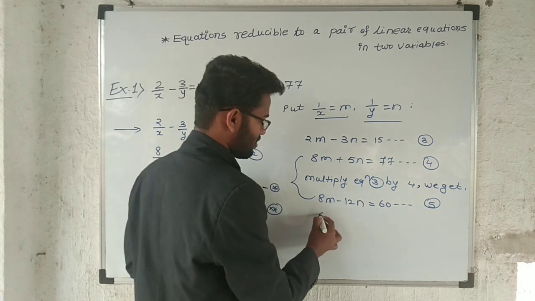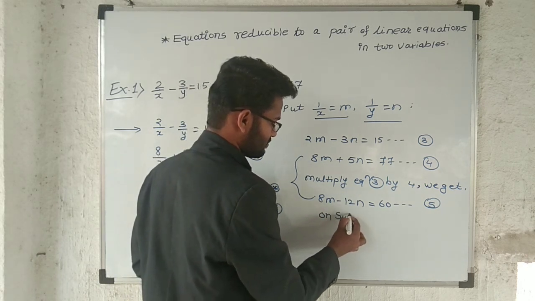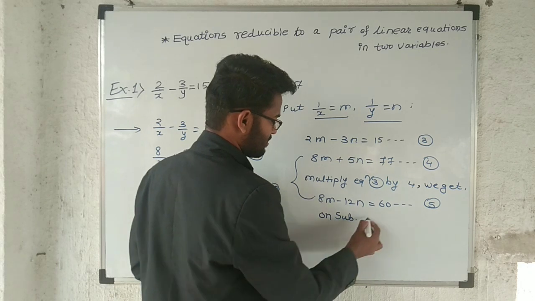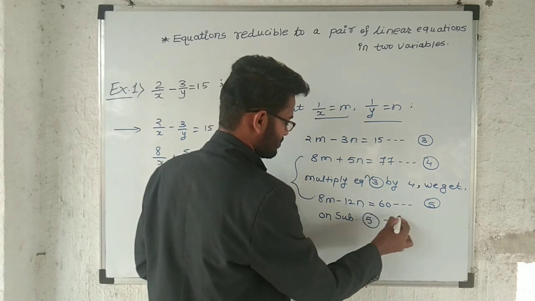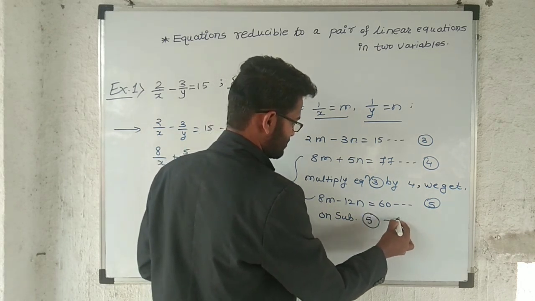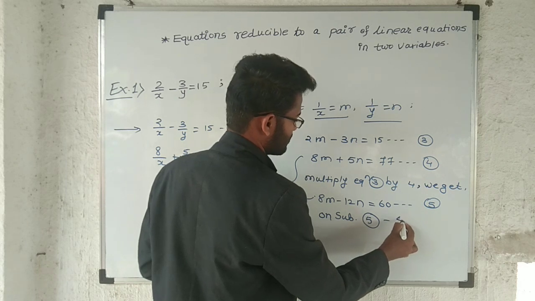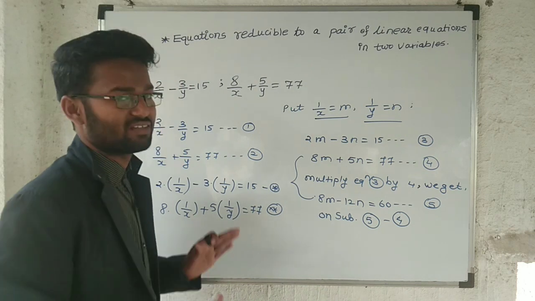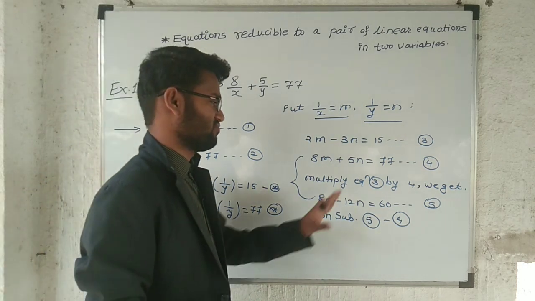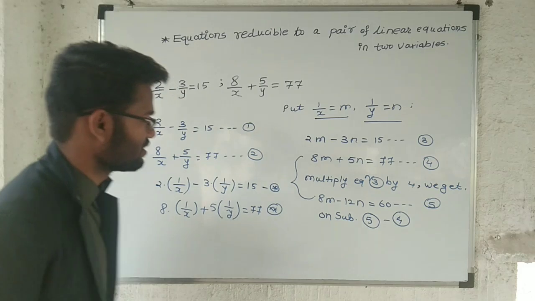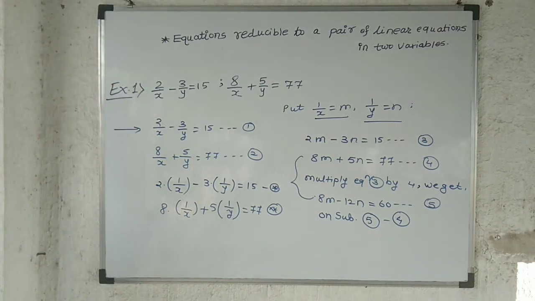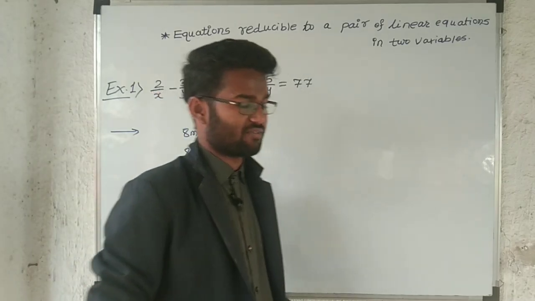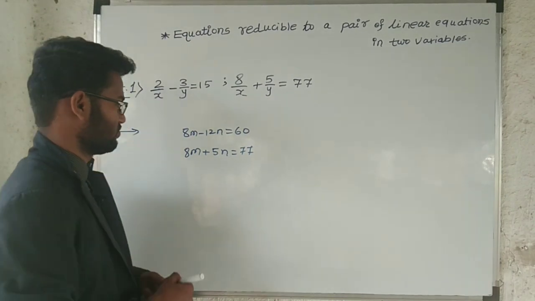On subtracting, we take the subtraction of 5 and 4. Subtract equation 4 from 5. Listen to this carefully.